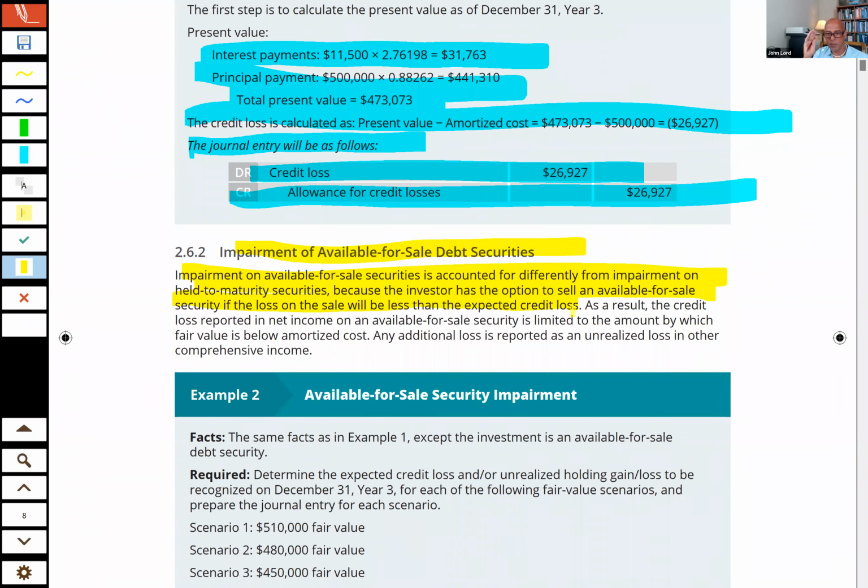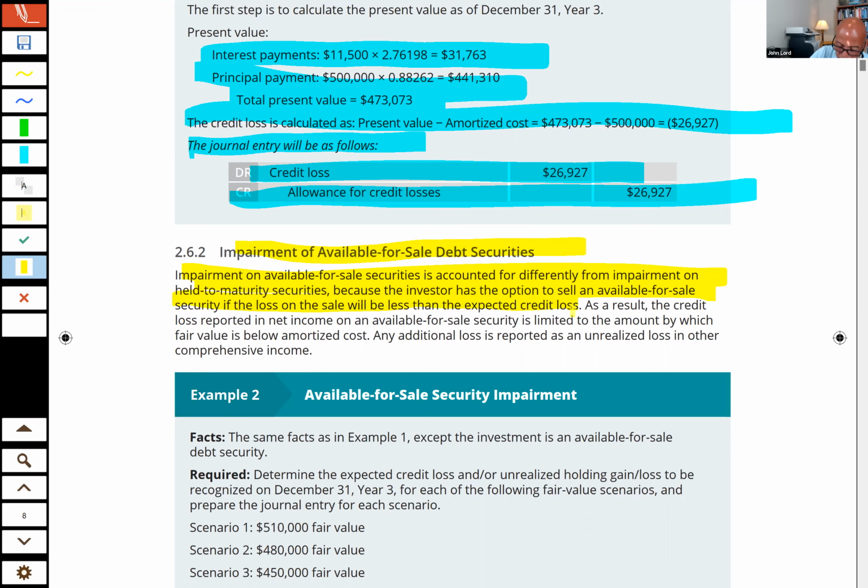You're going to have to look at the circumstances. In some cases, you could just take an unrealized gain for that and you're done. If the carrying amount is more, if it starts to become less, then what? Then you're going to have to partition that loss into unrealized holding gain and loss in OCI, and then eventually you may have to report that credit loss.